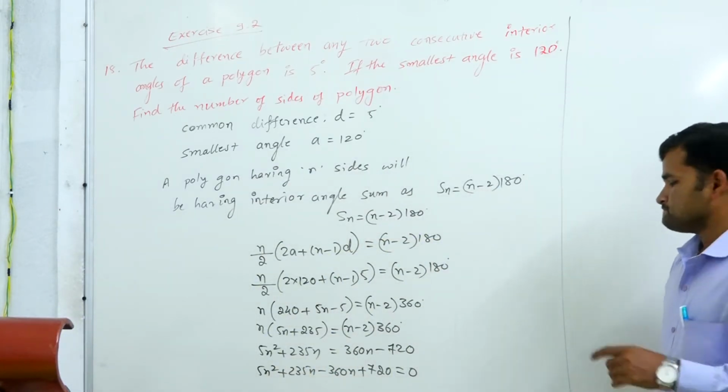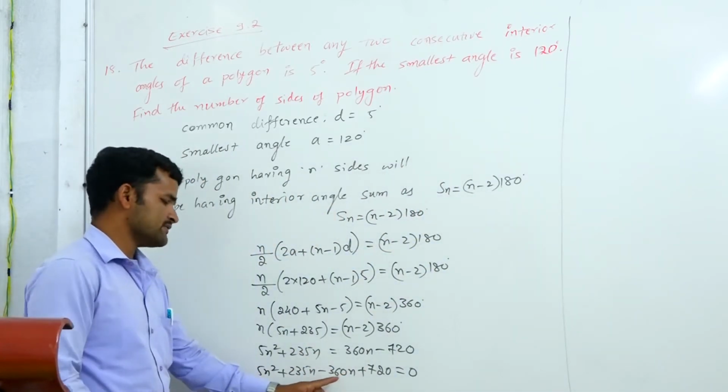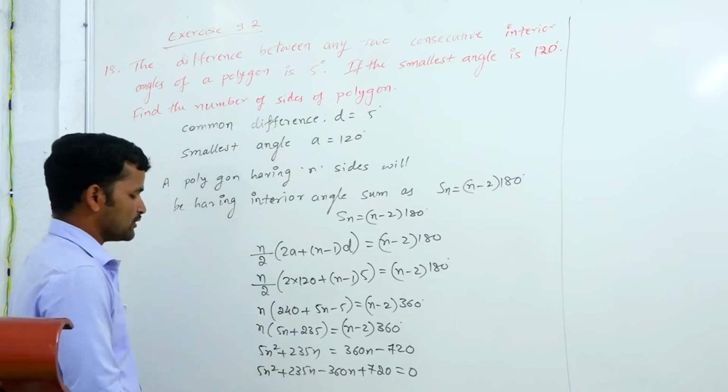You can observe here all have a common factor of 5, means all are divisible by 5, so you take the 5 outside.